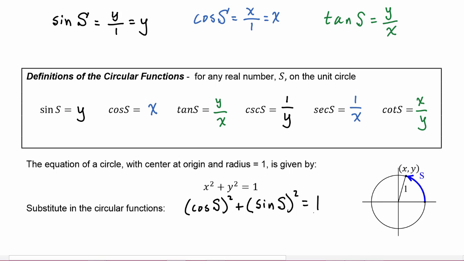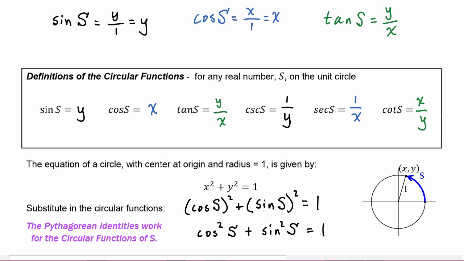That turns into the very familiar Pythagorean identity: cosine squared of S plus sine squared of S is equal to 1. So the Pythagorean identities will work for the circular functions.